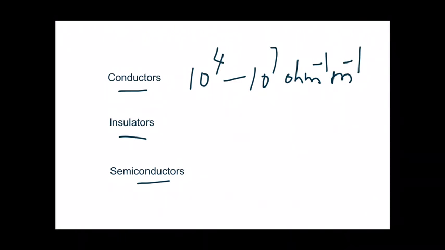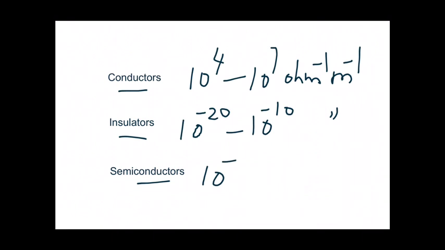In the case of insulators, it ranges between 10^-20 and 10^-10. In the case of semiconductors, the electrical conductivity ranges between 10^-6 and 10^4 ohm^-1 meter^-1. Now we'll see what the reasons are for these differences in electrical conductivities.